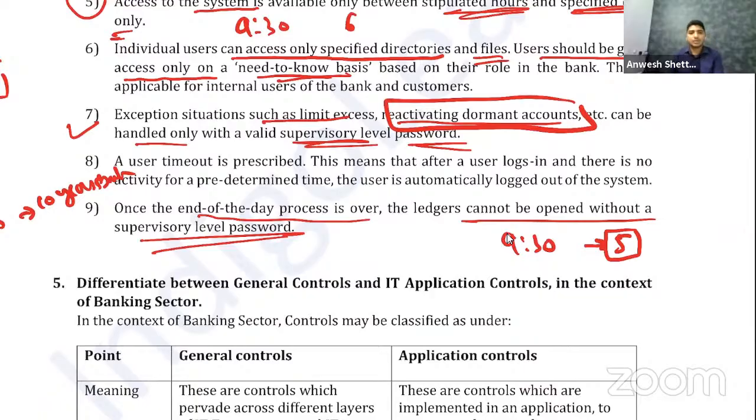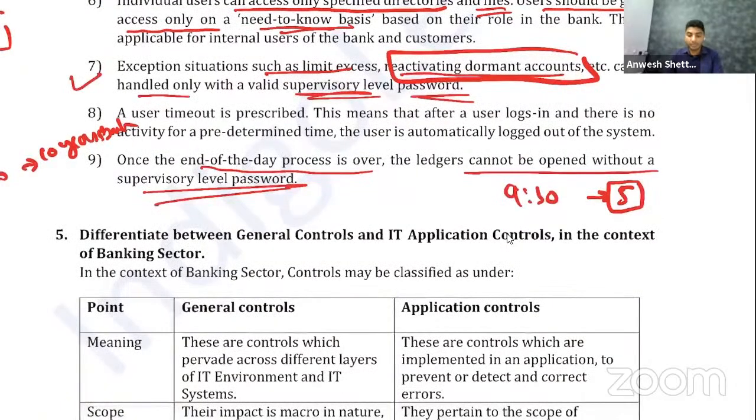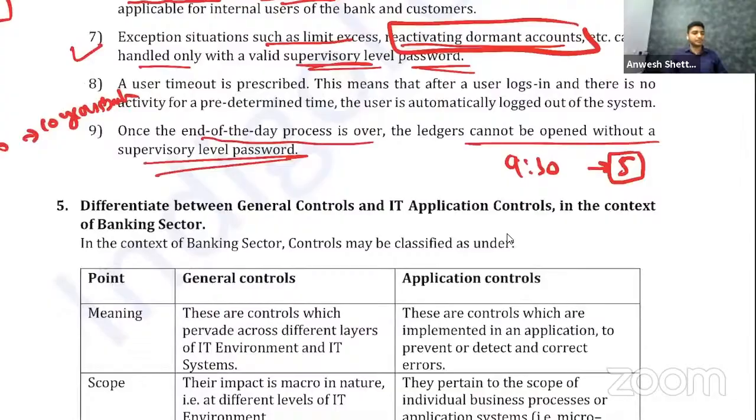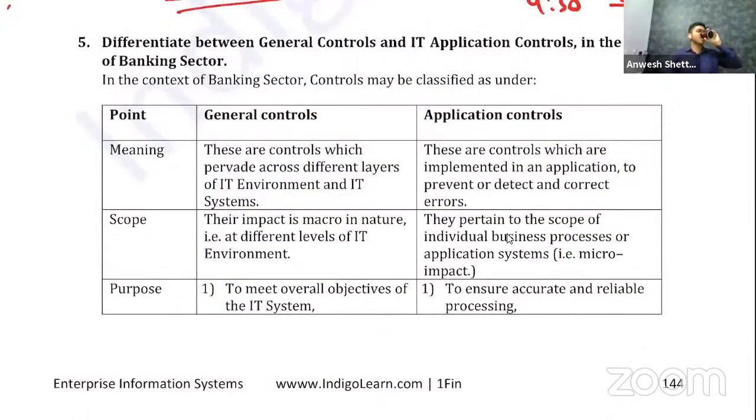Shall we go to question number 5? Read the question. The question is, differentiate between general controls and IT application controls.